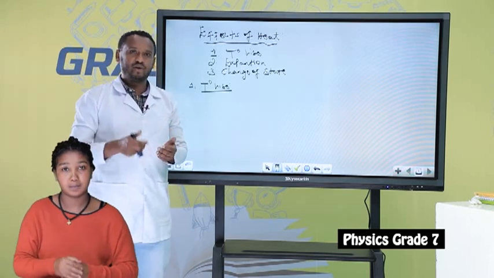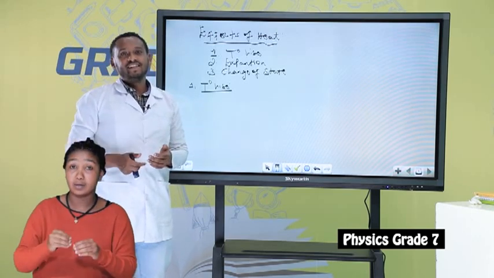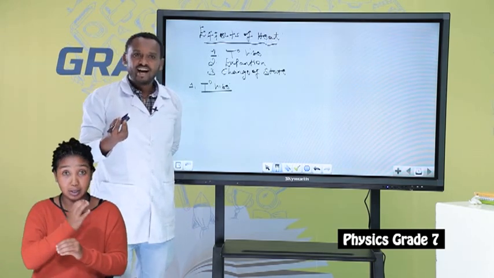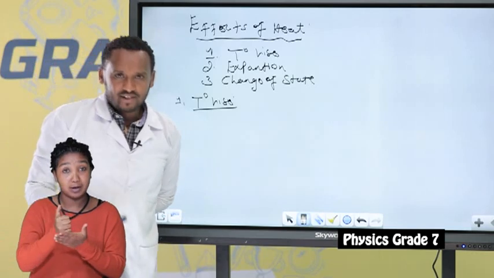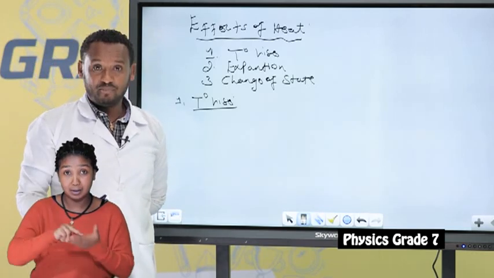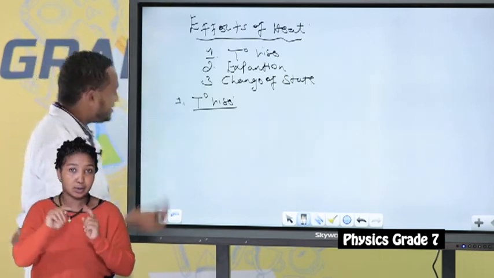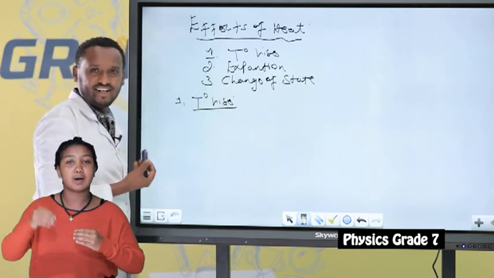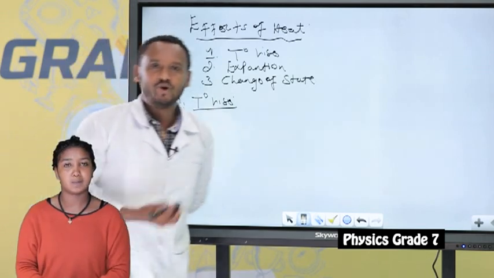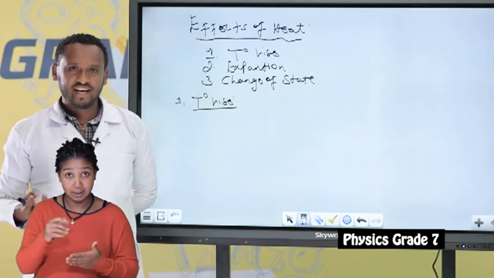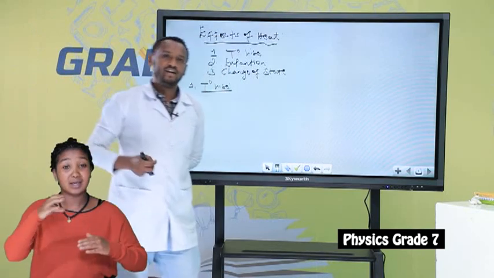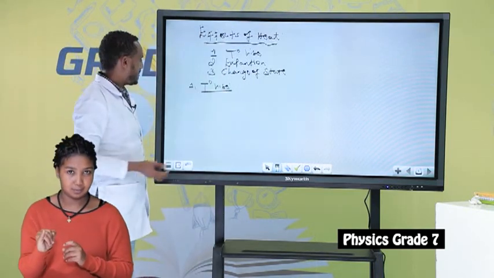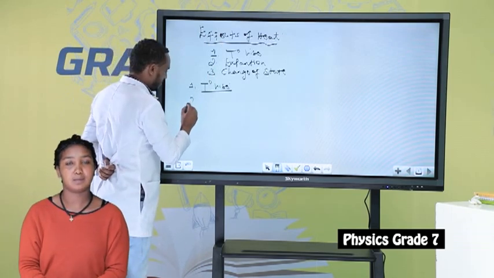If the kinetic energy of the particles increases, the average kinetic energy of the particles also increases, and the average kinetic energy of the particles means temperature. So when I apply heat to a substance, its temperature rises. Generally, we can say that when a substance is heated, its temperature increases.